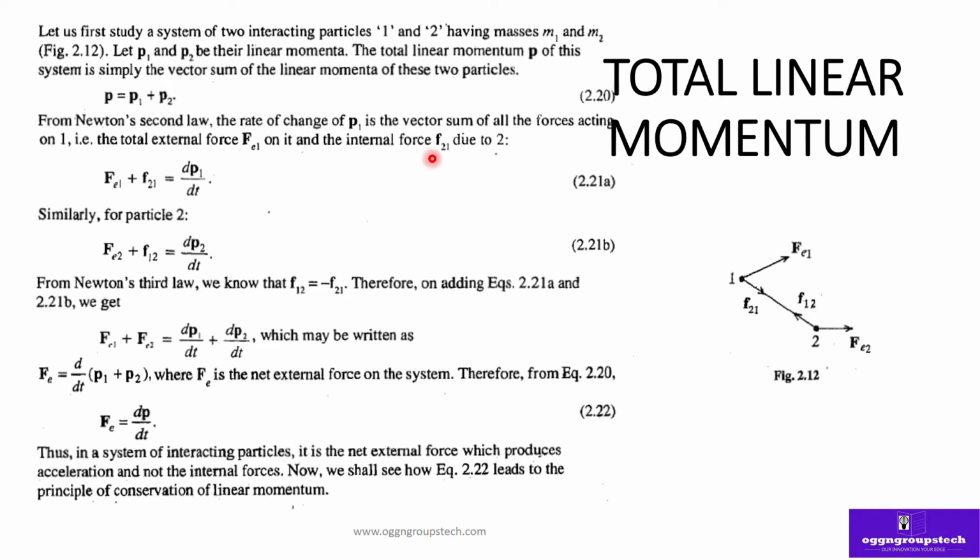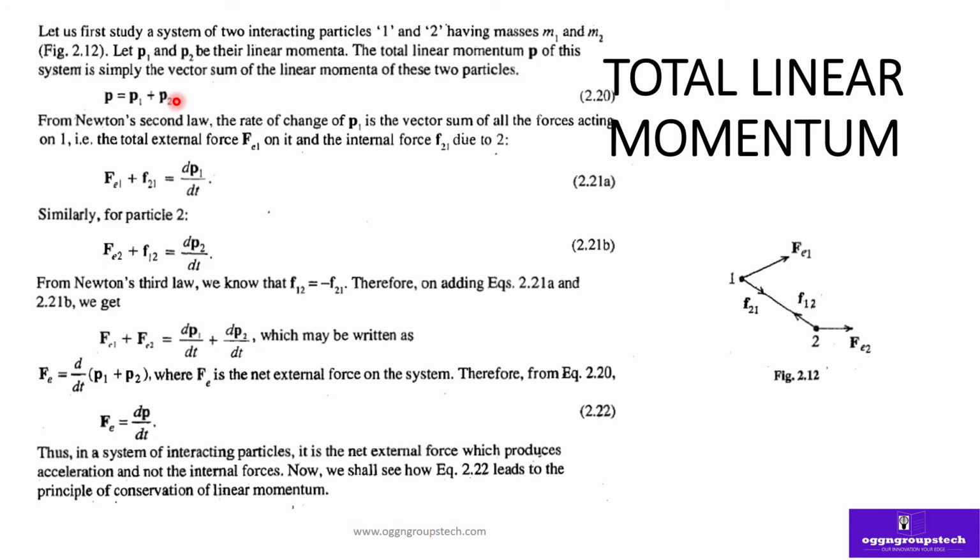Now the total momentum of this system, this is an example of a system, is just the addition of both the momentums. Take the momentum of particle A, take the momentum of particle B. So when I add both the momentums, you will get the total momentum of the whole system.